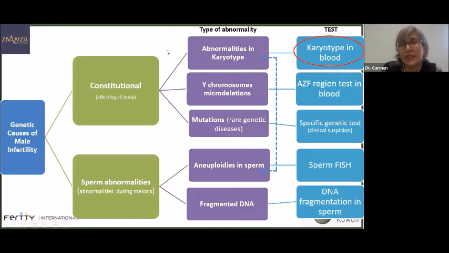But we also have other genetic abnormalities that can cause infertility in males. For example, in males we have Y chromosome microdeletions, that are deletions of a small part of the chromosome Y. These deletions cannot be detected by karyotype, and they need a specific test to be detected. And these microdeletions usually are related to azoospermia, causing azoospermia.